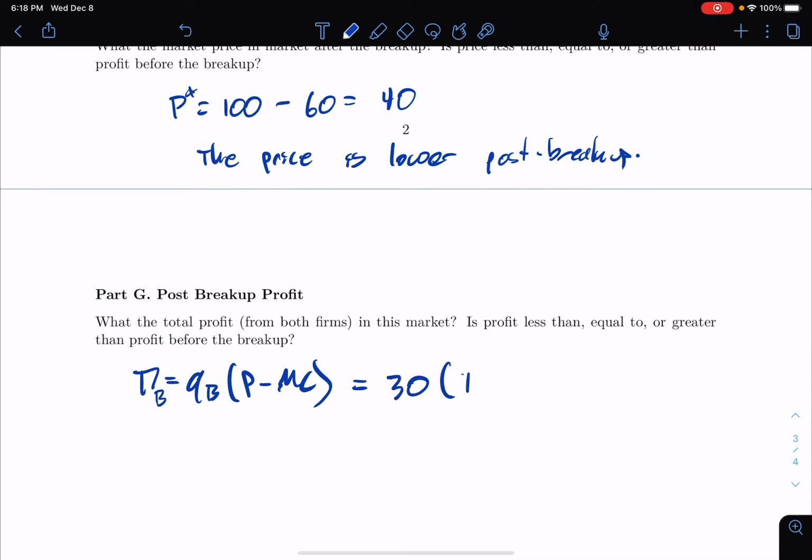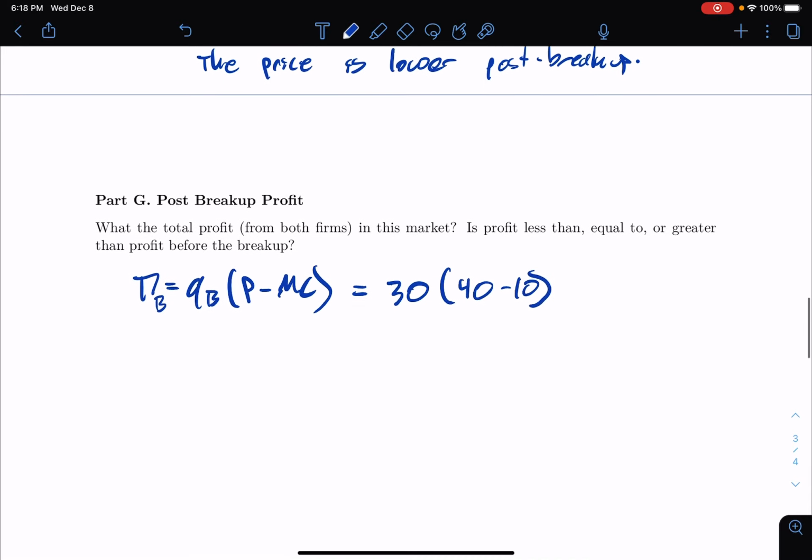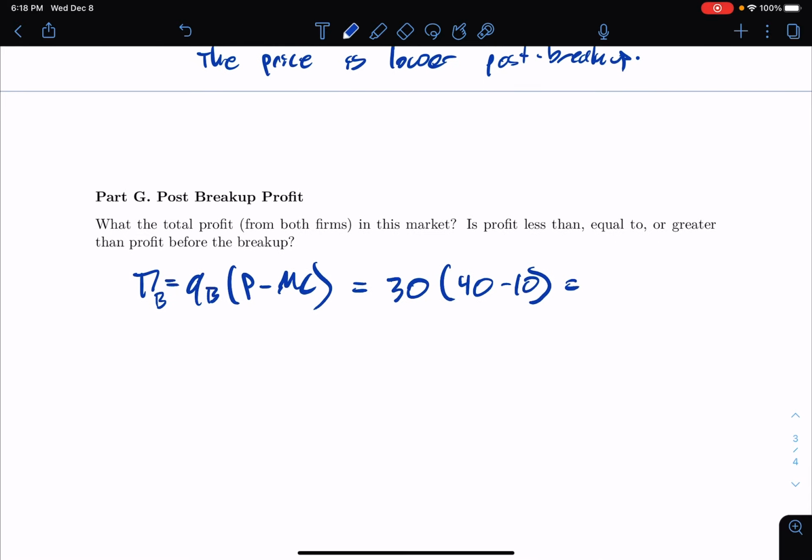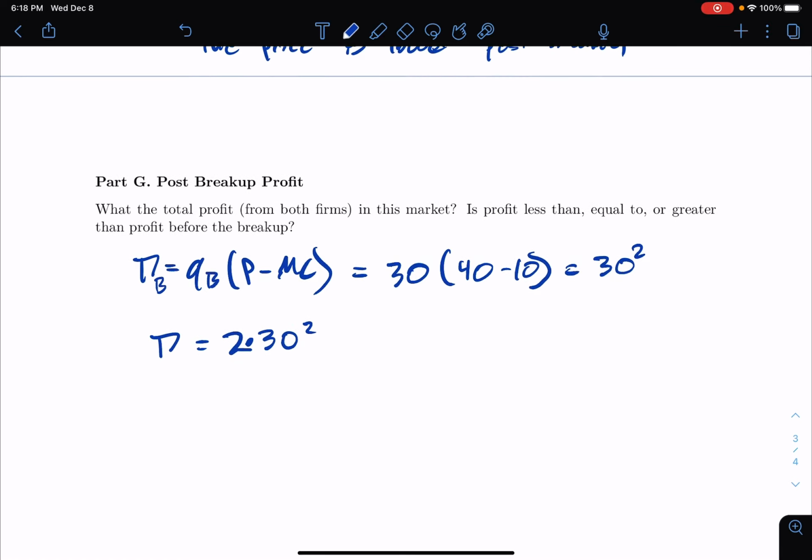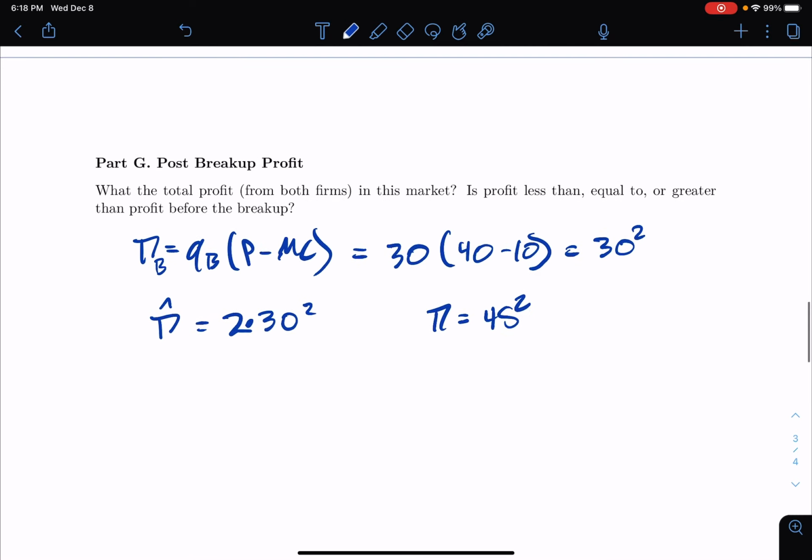The price is 40, and the marginal cost is 10. So this comes out to be 30 squared. So the profit in the market is 2 times 30 squared. Okay, and then maybe we'll put a hat on this. Before, with the monopoly, we had 45 squared.